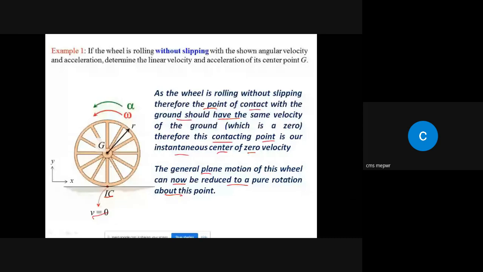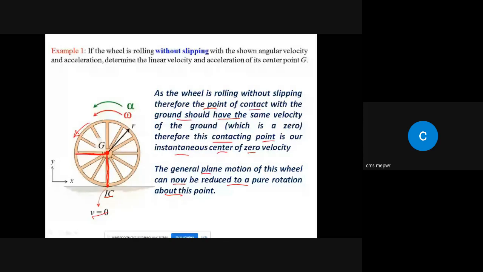What we were asked is to find the linear velocity and acceleration of this point G. So we need the position vector from IC to G. The rotation is like this, so the velocity will definitely be perpendicular to this position vector.